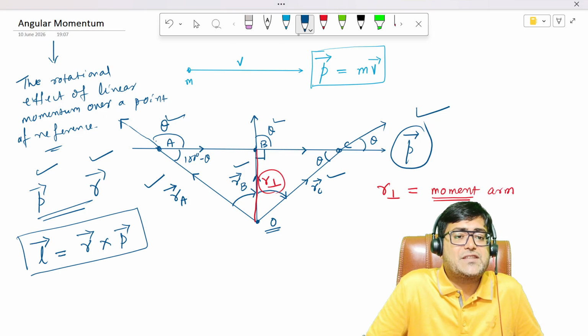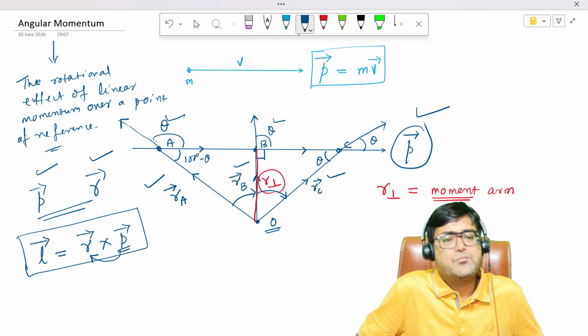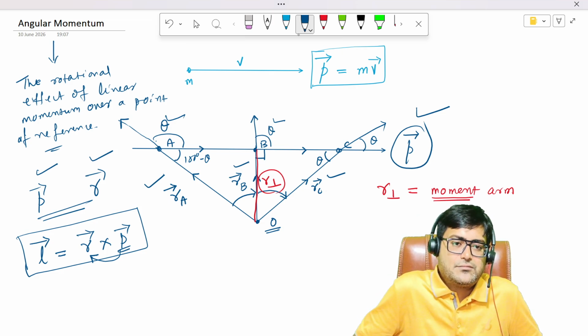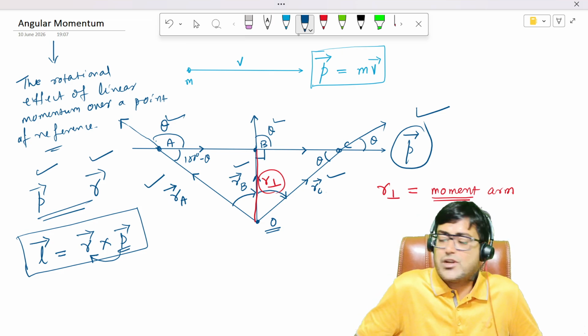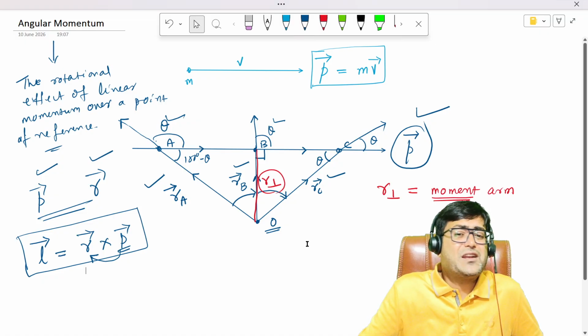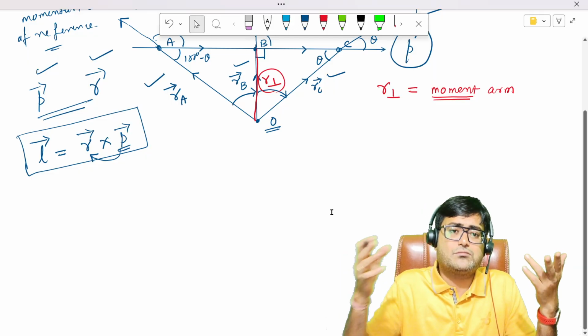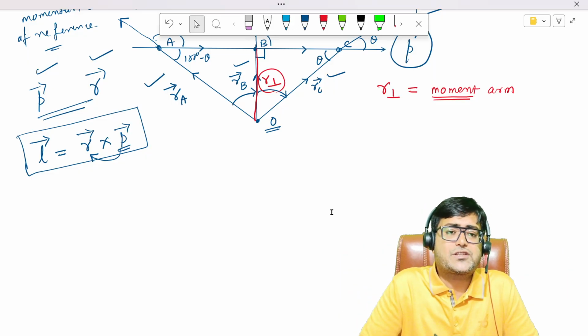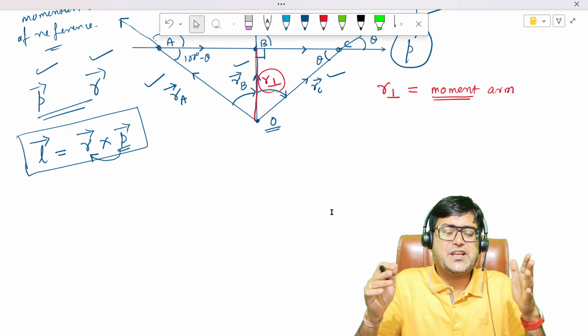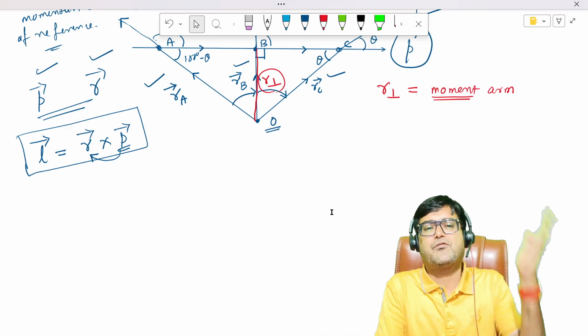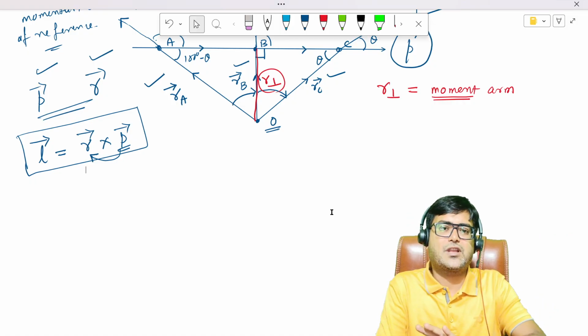So basically you can say angular momentum is the rotational effect of the momentum over the position vector. Is it understood? Now a little bit of introduction, if you're not so sure about cross products. Cross product is essentially the effect of rotation of one vector over the other, right?